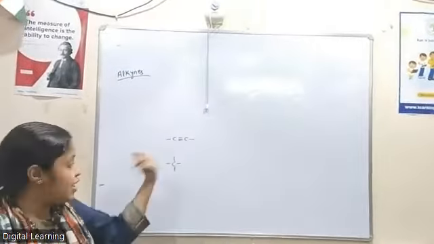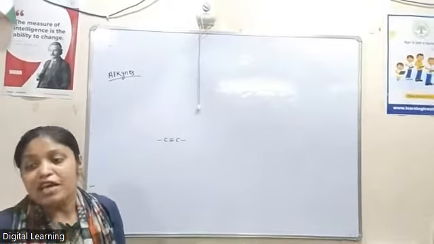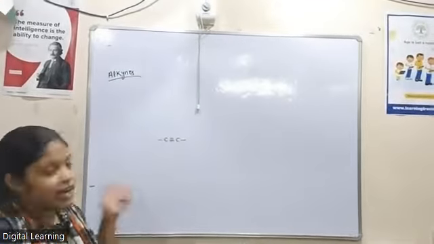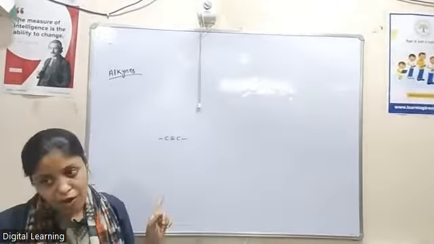So the presence of a pi bond indicates the unsaturation in the compound. How can we know that the compound is an unsaturated compound? If there is a pi bond, pi electron density, then we can identify that compound as an unsaturated compound.